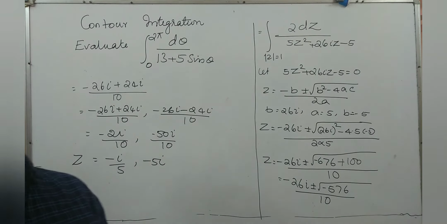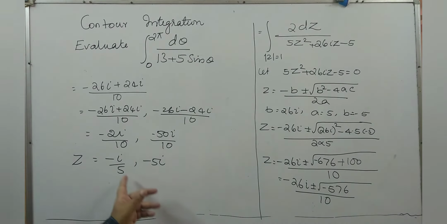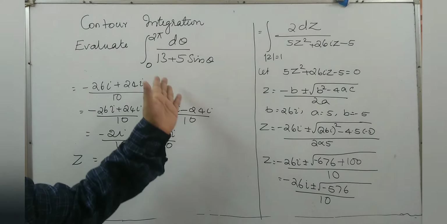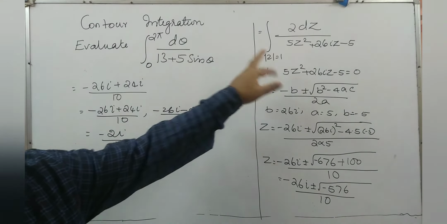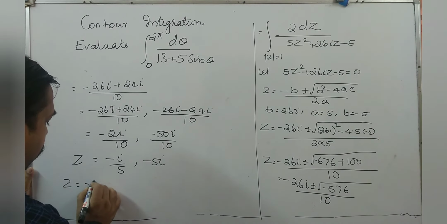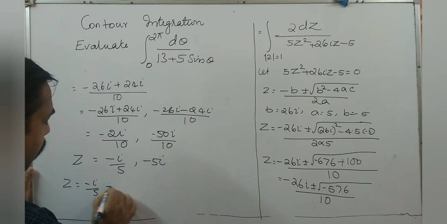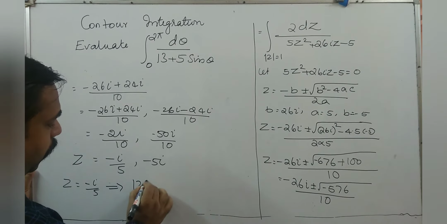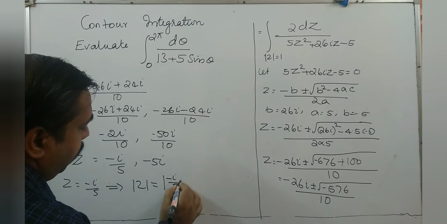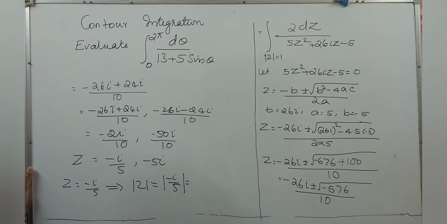These are the poles. Now the next step is which one lies inside C and which one lies outside C. So what is C? Already I gave you C is mod z equal to 1. So z is equal to minus i by 5 implies mod z is equal to mod of minus i by 5, that is equal to the modulus value.